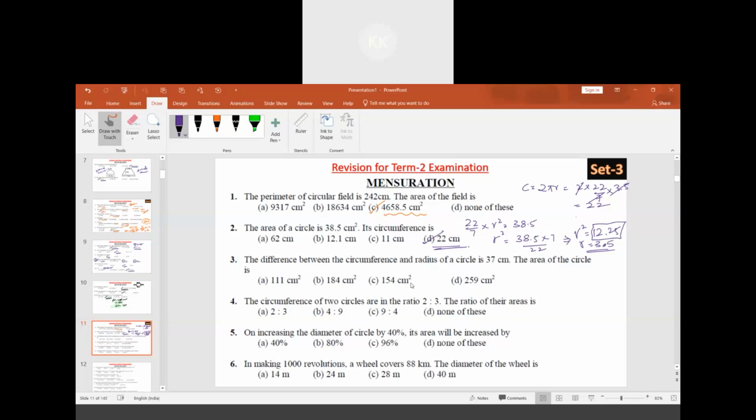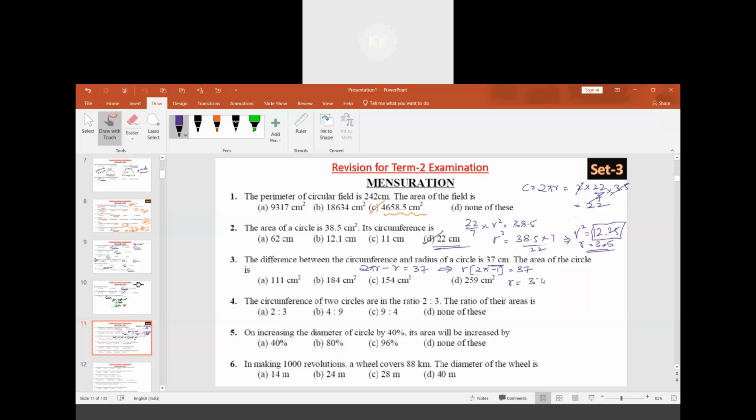The difference between the circumference and the radius of a circle is 37 centimeter. Find the area of the circle. The difference between circumference and radius: 2 pi r minus r is 37. Taking r common, we get 2 pi minus 1 is 37. So we need to simplify to find r.